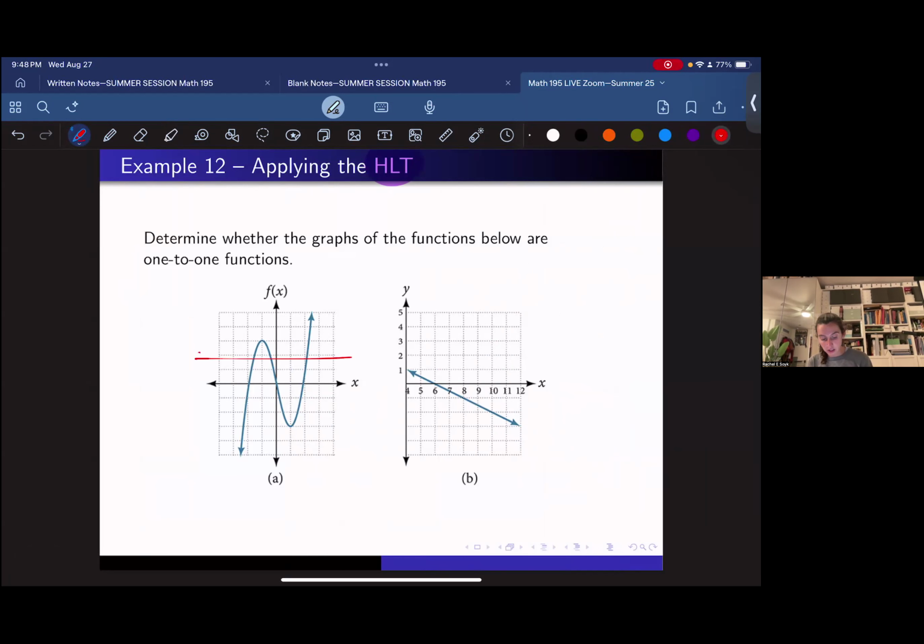So that first example, straight off the bat, it hits it in 3 different locations here. Therefore, it fails our horizontal line test, and we do not have a one-to-one function here.